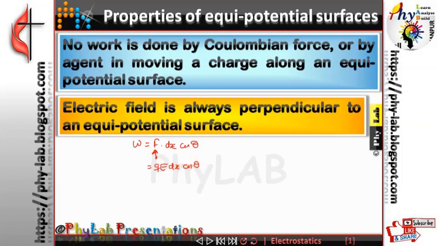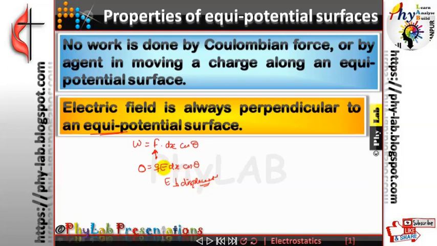Now, if it is an equipotential surface, the work done along the equipotential surface is always zero, as I just told you in the first property. So work done will be zero. If work done is zero, and Q is non-zero, E is non-zero, displacement is non-zero, then when can the work done be zero? When E is perpendicular to displacement, isn't it?